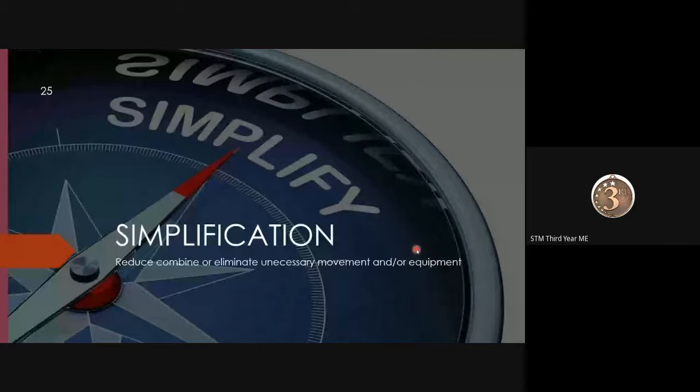Hence, you can simplify the process so that everyone becomes skilled in it and can do the work, or transport the material, more easily. These are possible only if you simplify the process. And how can you simplify this? Simplification is done basically by removing any unwanted or unnecessary movement or extra material handling processes present in the industry. That comes under simplification.